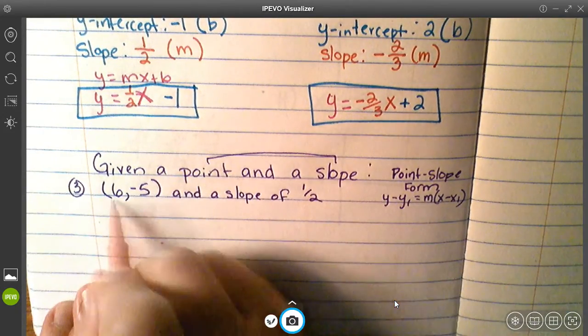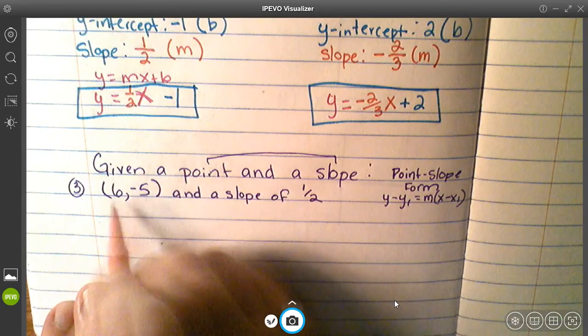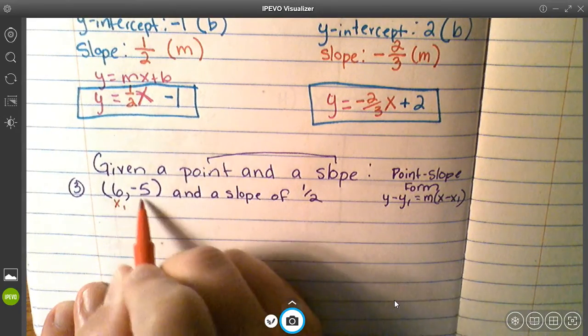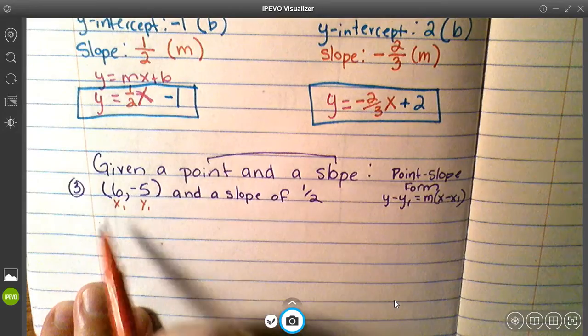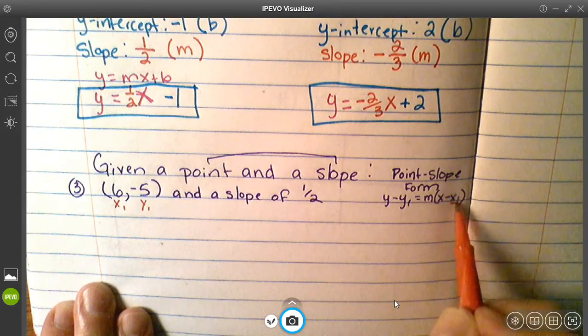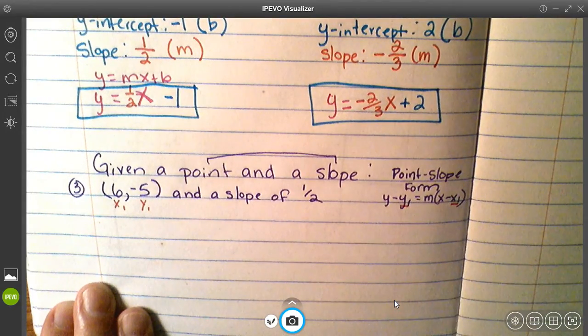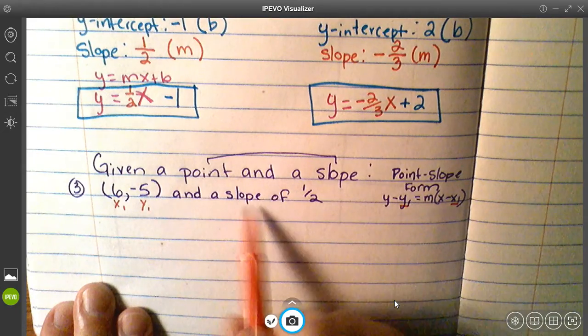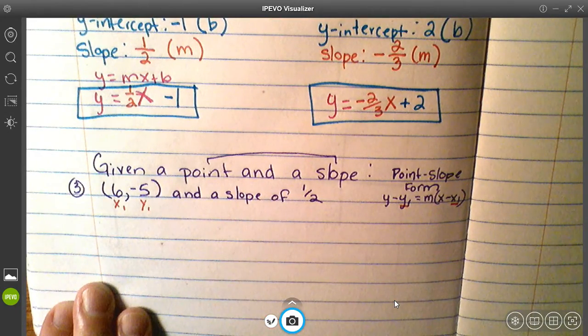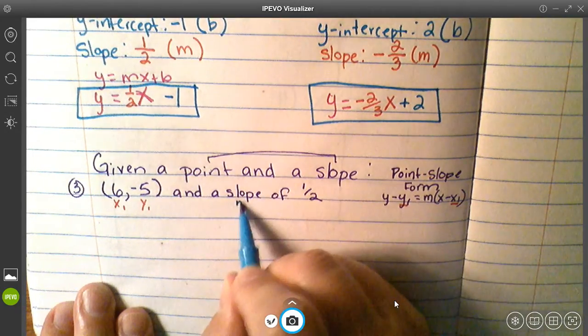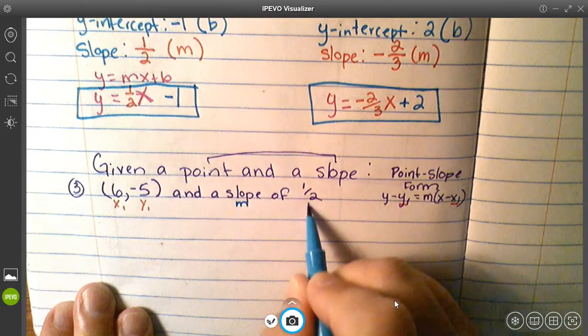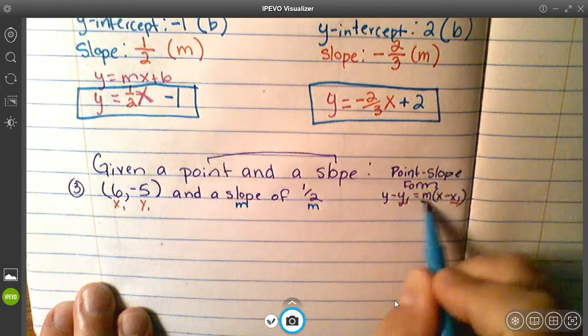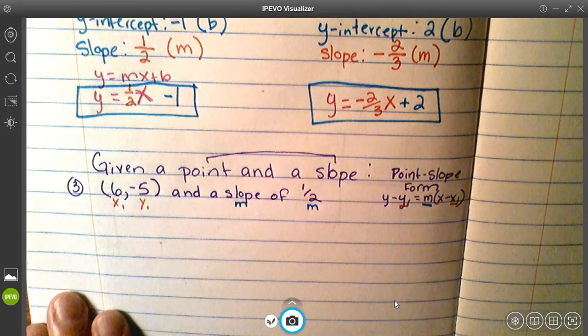So here's my point, my ordered pair, which is an x and a y. So there's my x1 that will go here, and my y1, which will go here. And my slope, don't forget, is m. So my slope will go here, and I will just plug these numbers in.